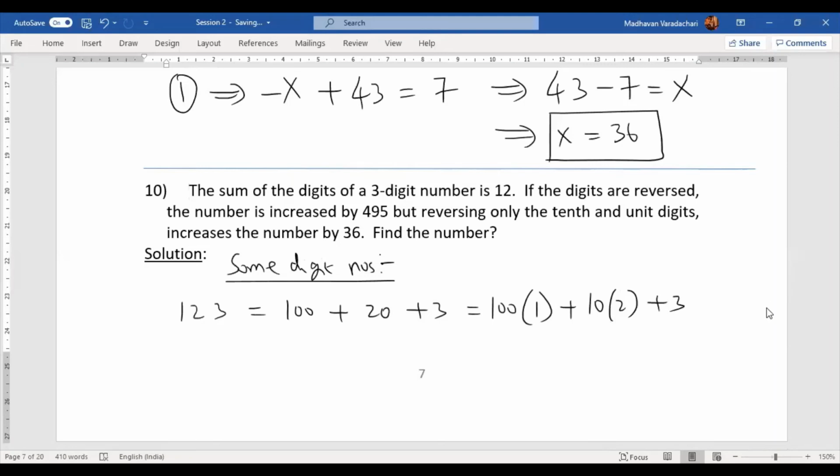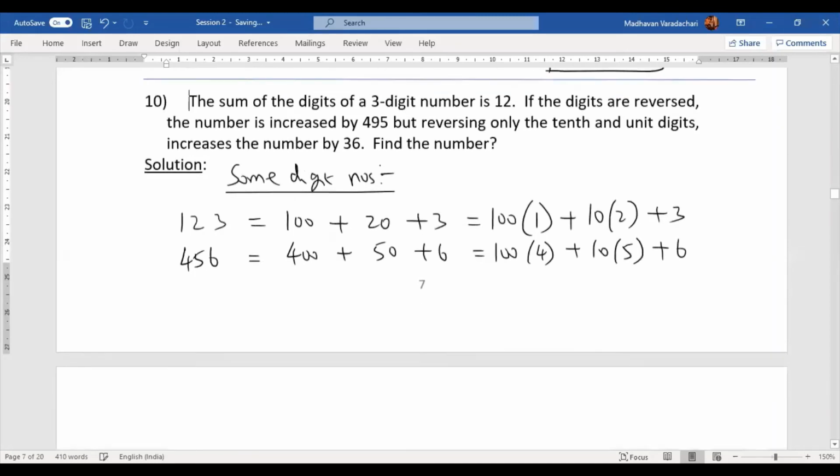Let me take another number. For 456, I can write it as 400 plus 50 plus 6. That can be written as 100 times 4 plus 10 times 5 plus 6.